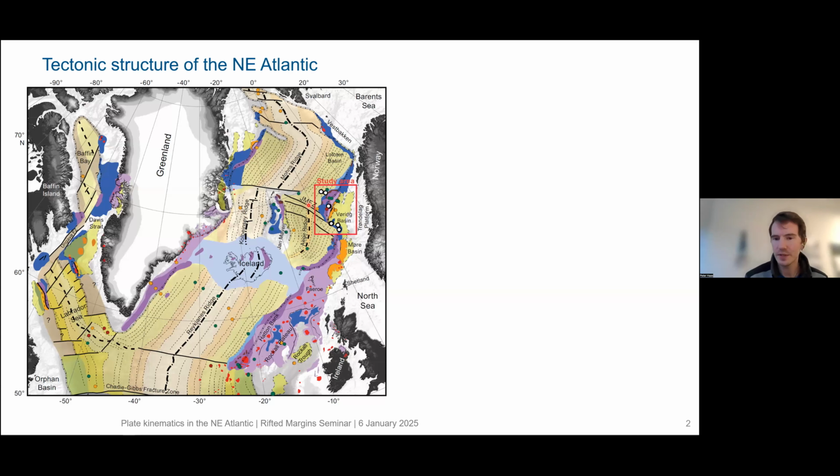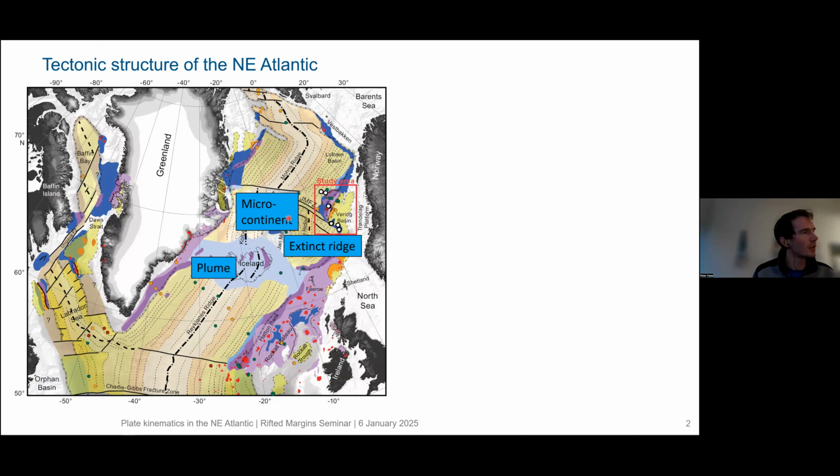So even though we have clear ridge segments, plate tectonic modeling in this area is complex due to several factors, which I would like to point out over here. First of all, there's a plume in the center of the region, the Iceland plume, that contributed to some extent to the opening of the North and East Atlantic. As well, there is a microcontinent involved, the Jan Mayen microcontinent, which sits now where the label is in the middle of the ocean. As well, we have an extinct ridge over here, the Aegir ridge, which went extinct about 30 million years ago.